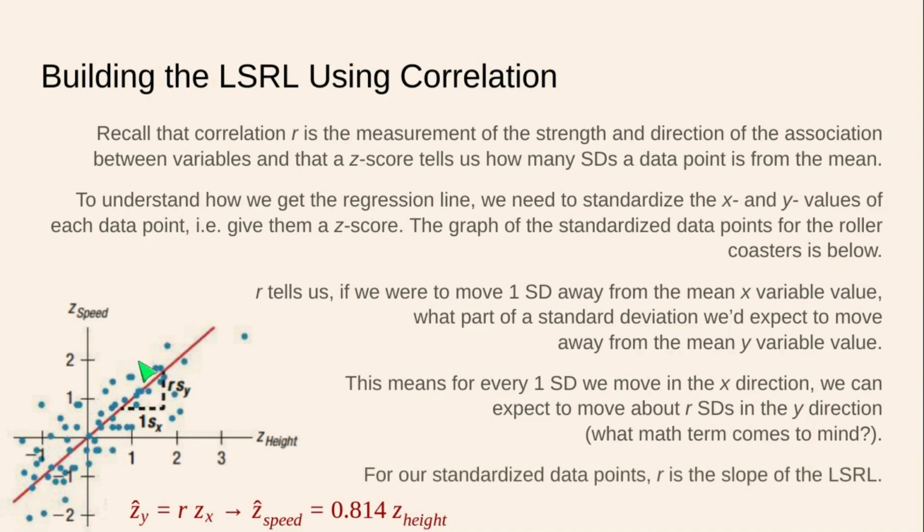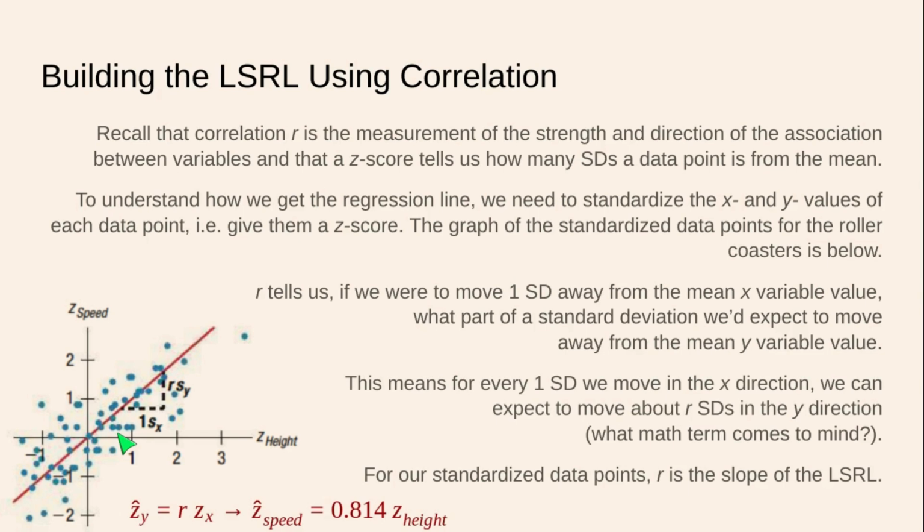So, for our standardized data, r is the slope of the least squares regression line. That is what r actually is. It is the line of best fit through our set of data if we were to standardize each and every one of those points. Okay?